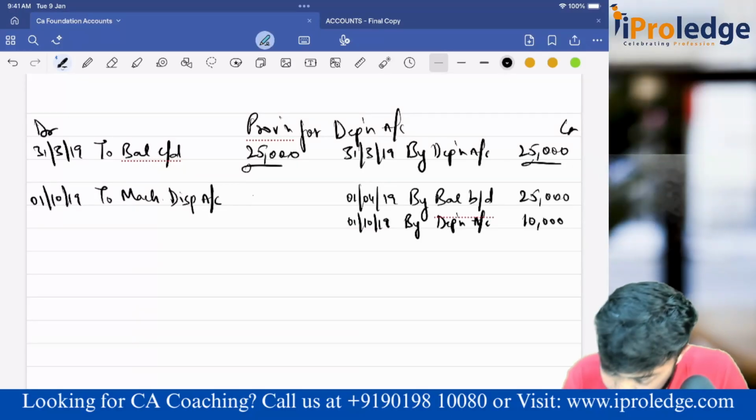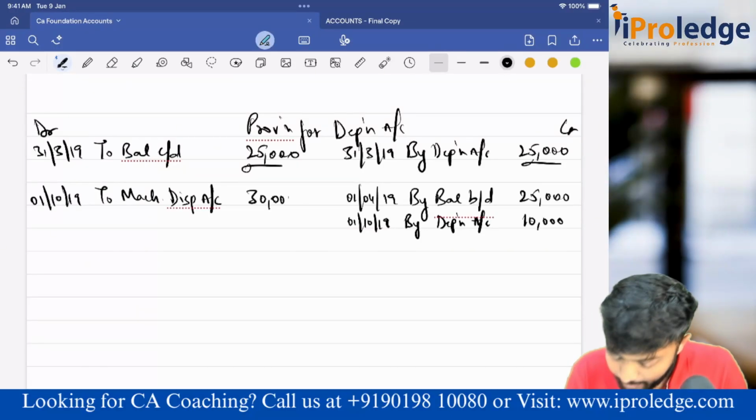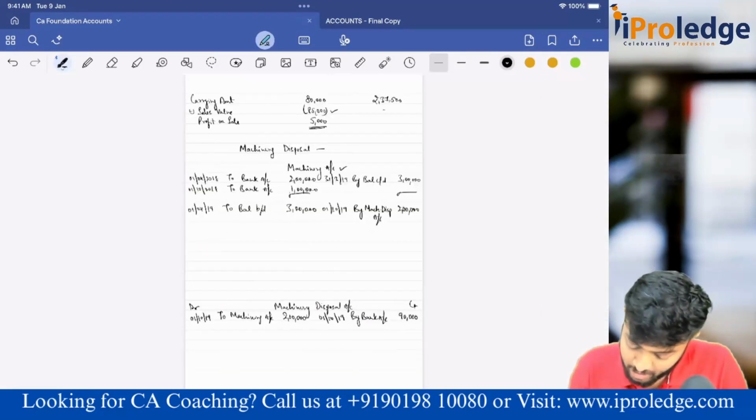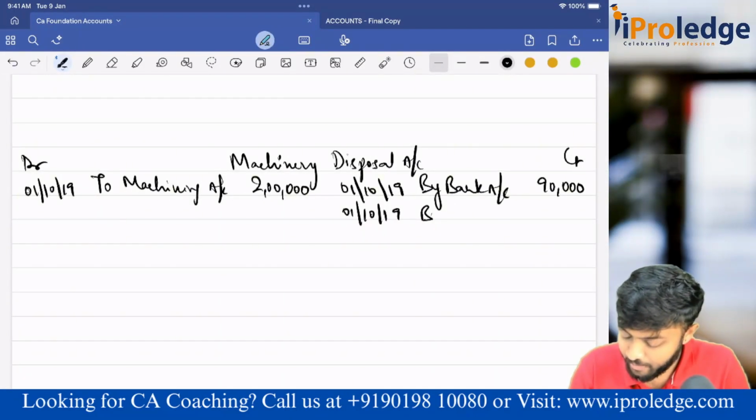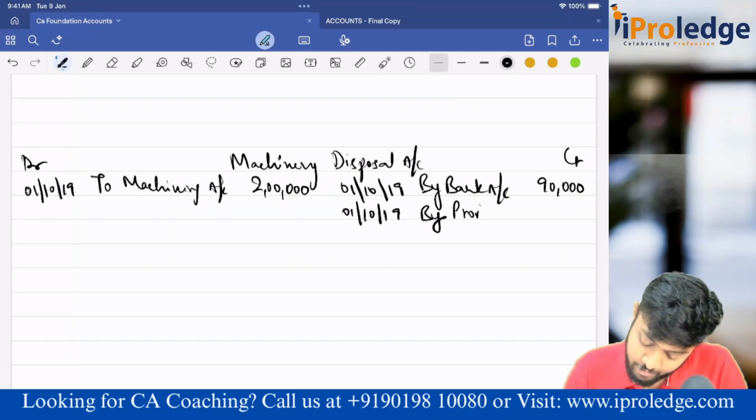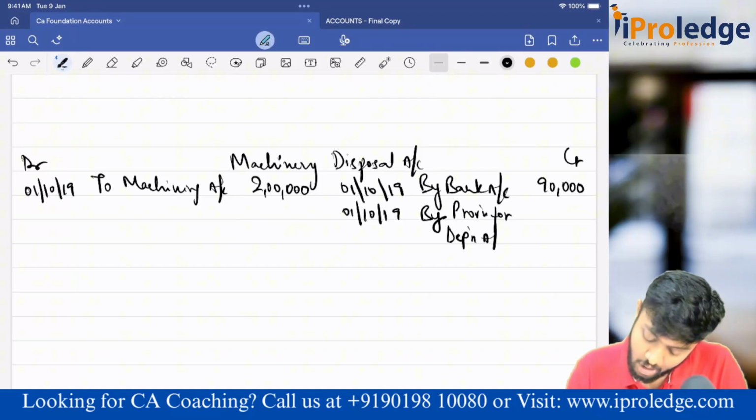How much is it? 30,000. So this will come here. So 1/10/19 by provision for depreciation account, 30,000 has come.